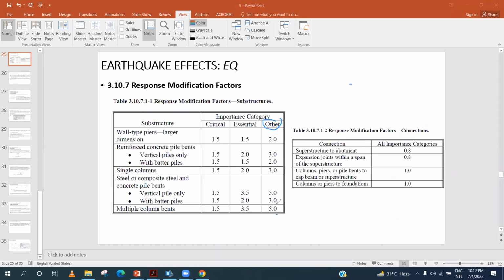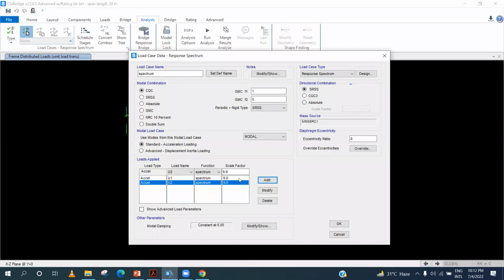For this, the response modification factor will be 5. There are two methods to accommodate it. One is to divide 9.8 by 5. Or you can divide the EQ factor in the load combination.